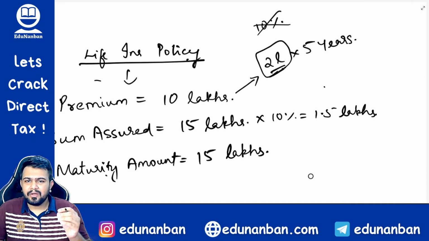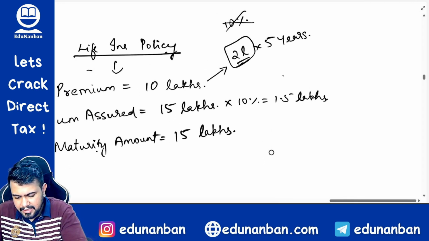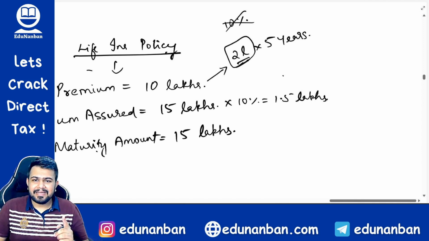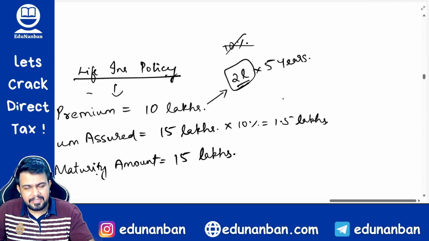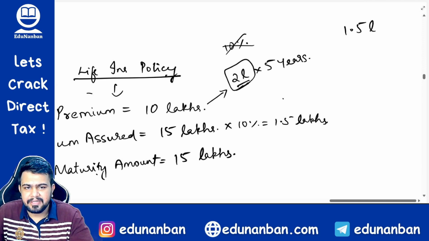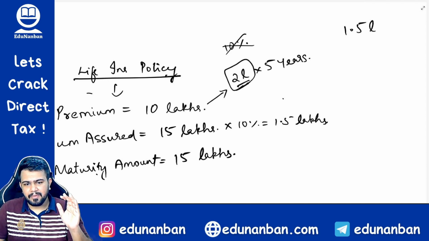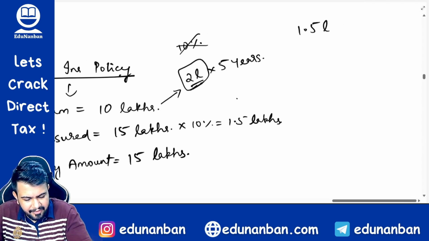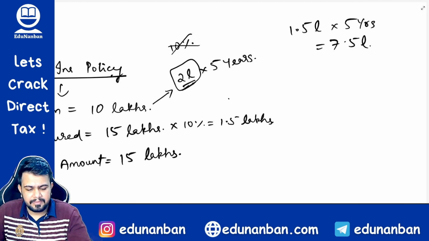Now how to find out the tax? Let us see. Now in case of this policy, every year will the assessee have claimed deduction under section 80C? Answer is yes. Let us assume that every year the assessee claimed 1.5 lakhs as deduction, because maximum 1.5 lakhs only is allowed. So 1.5 lakhs into 5 years is equal to 7.5 lakhs.